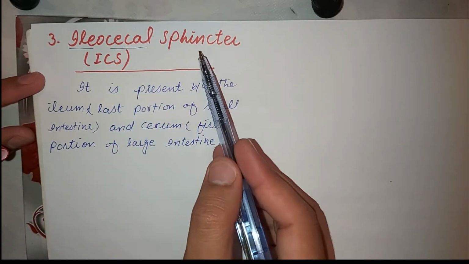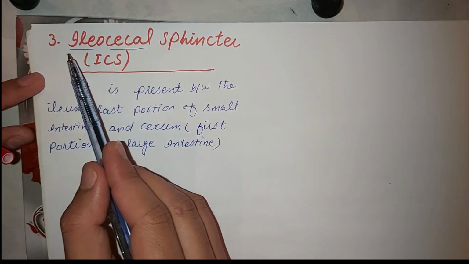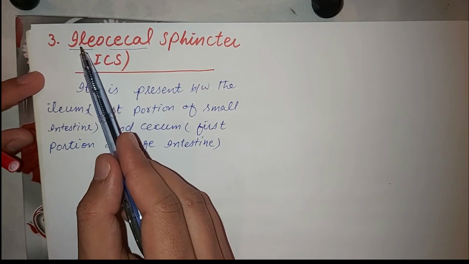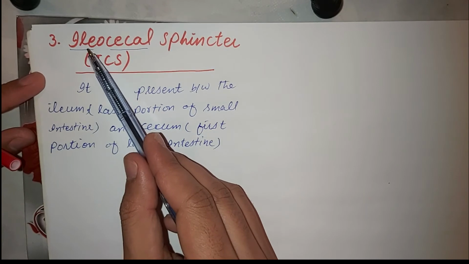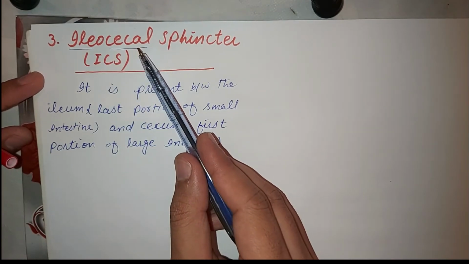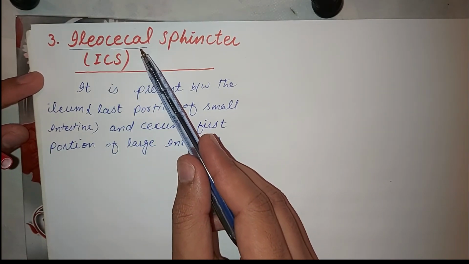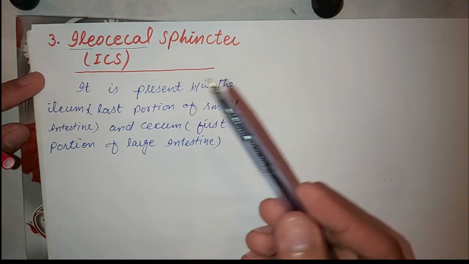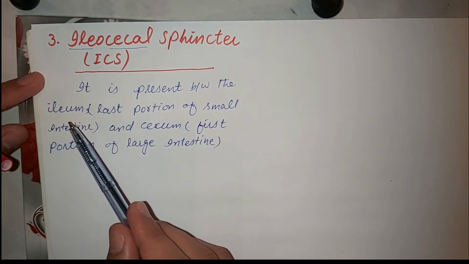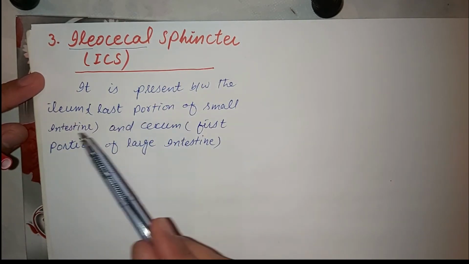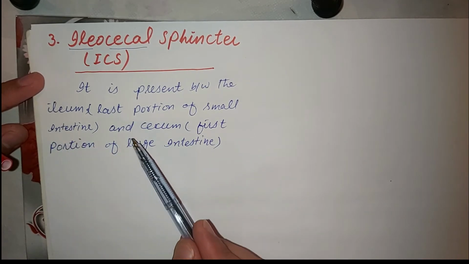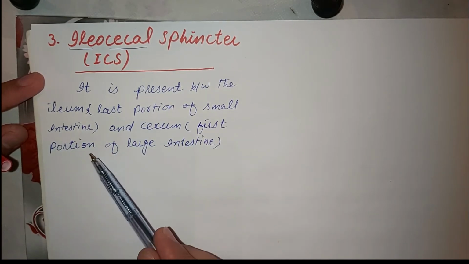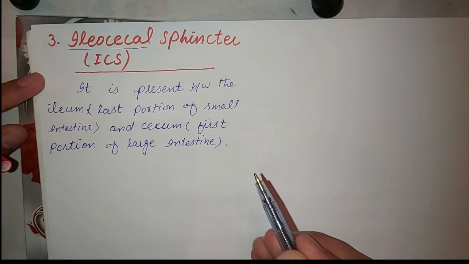Ileo is the short form of ileum, and cecal is the short form of cecum.